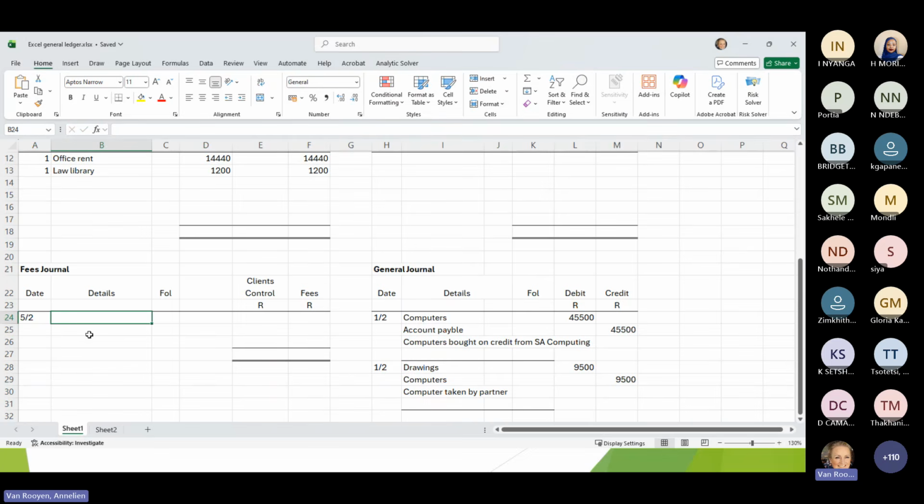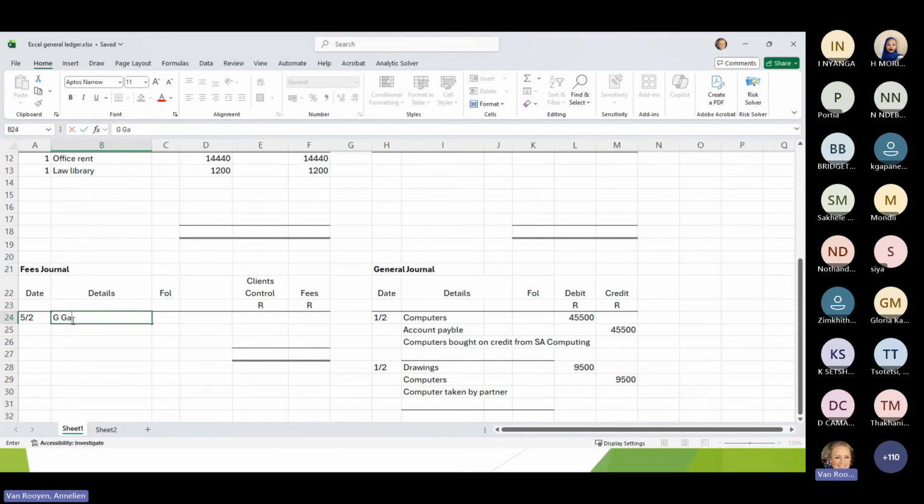Always remember to look at the info in the question, what is required. Most of the time we will have fees journal for the month of February 2020. So in this case, you will just add a 5 there for the date. But I don't have the full heading there, so I'm going to put 5-2 so that you can just see. So this is for Ji Jiao.